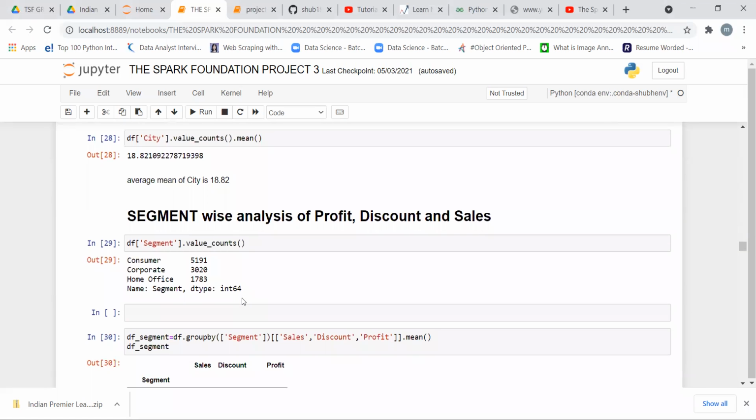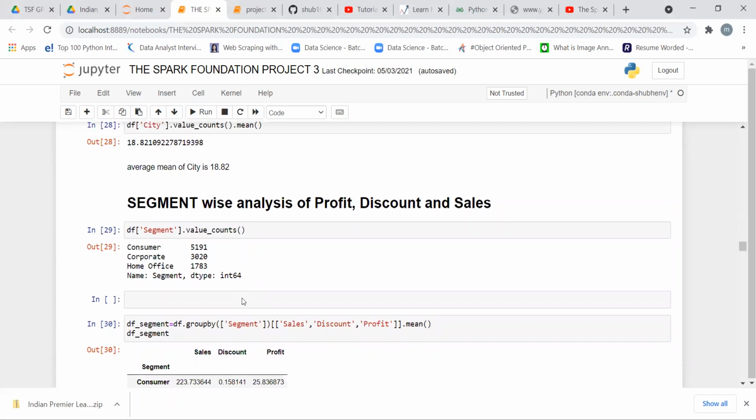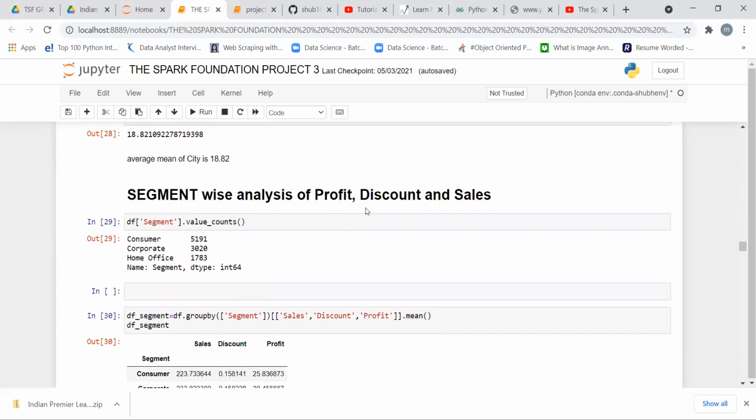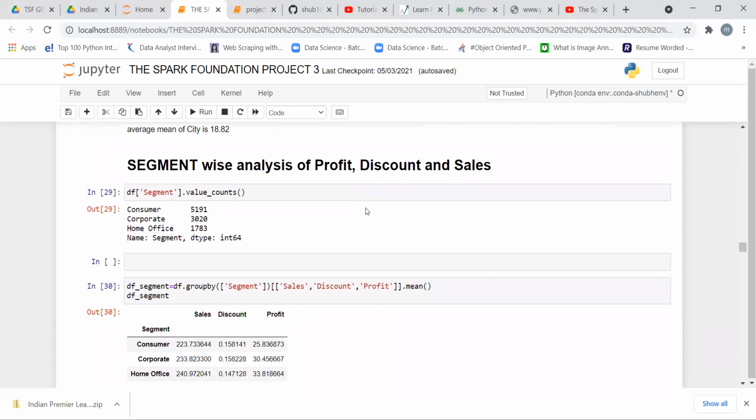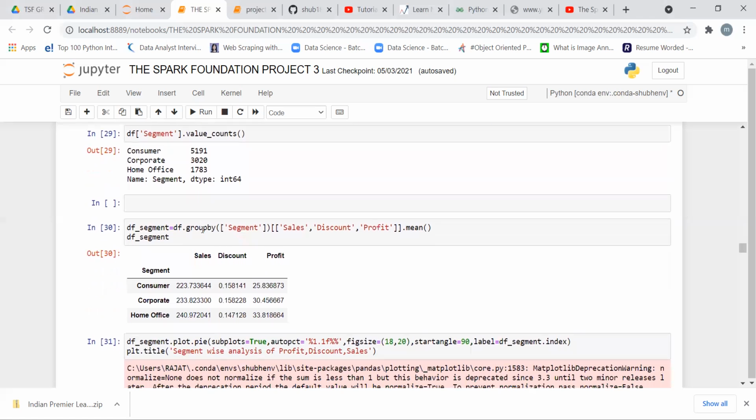Now we use segment-wise analysis of profit, discount, and sales. Segment value counts are consumer, corporate, and home office. Consumer has a major part, 5191, corporate has 3020, and home office is around 1783.